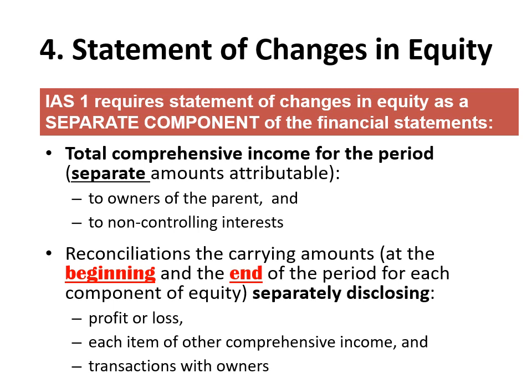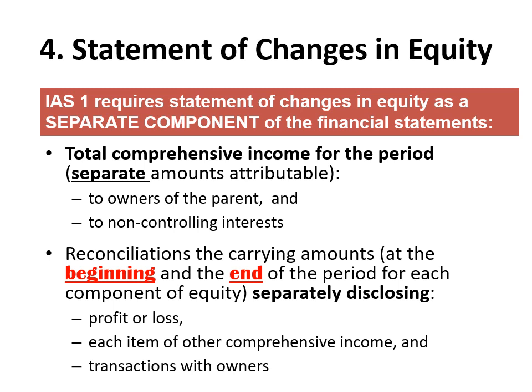And then we also need to make some reconciliations of the carrying amount, especially at the beginning and the end of the period for each component of equity. And then we need to disclose the following items separately. For example, profit and loss, each item of the other comprehensive income, and also transactions with owners.